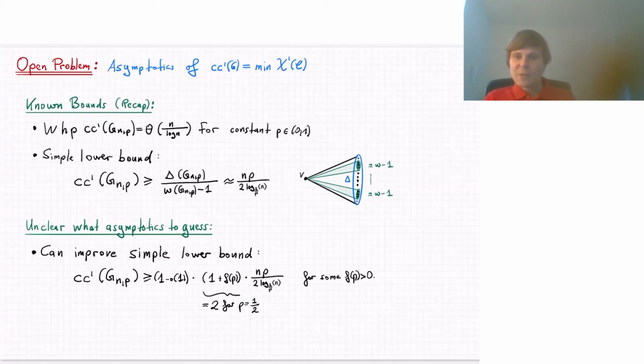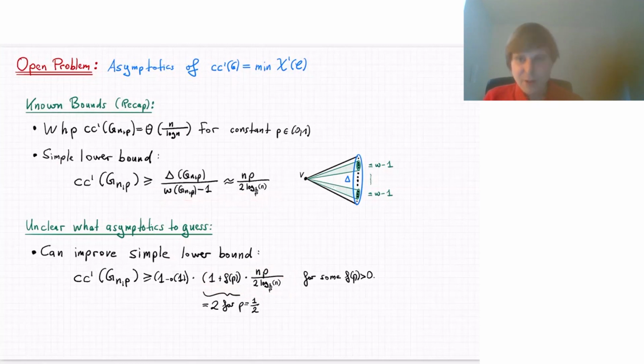And if you do that, you see that there are so few such clique edge coverings that you can show that the probability that a random graph admits such a clique covering goes to 0. So the main message is this lower bound is not correct. You can do a little bit better.